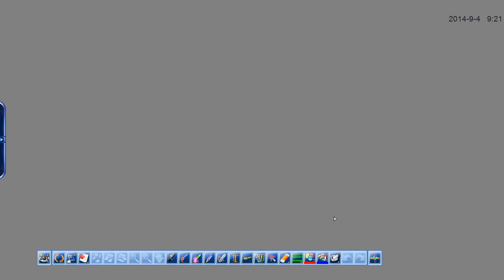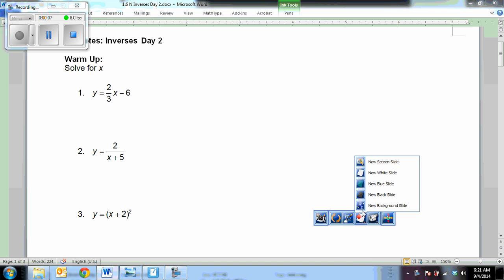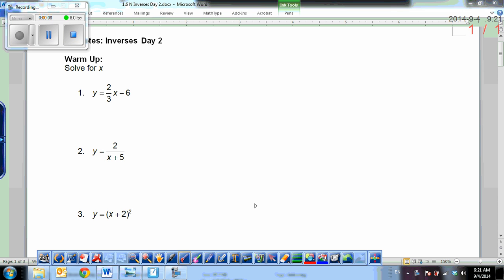All right, so let's check out this warm-up. First one, y equals 2/3 x plus 6. We are solving for x. So we would add 6 to both sides, yes? So we would have y plus 6 equals 2/3 x. Then what would you do?